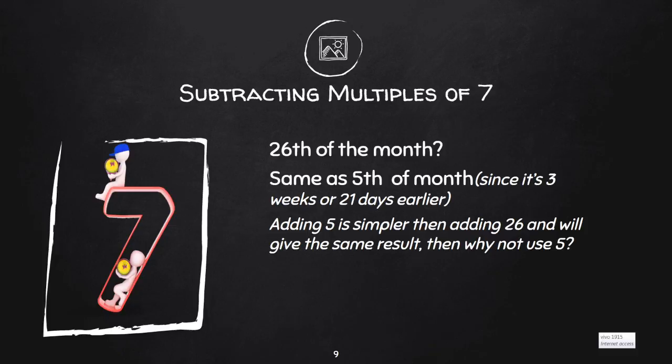Since adding 5 is simpler and easier than adding 26 and will give you the same result, then why not use 5 instead of 26? All we have to do is subtract the highest multiple of 7 which is less than the given date.